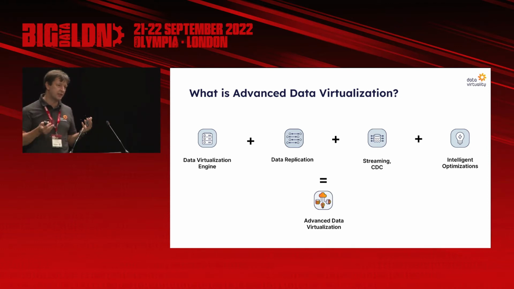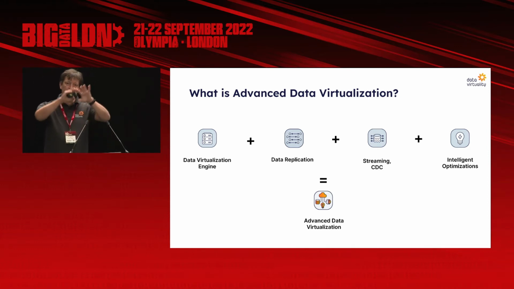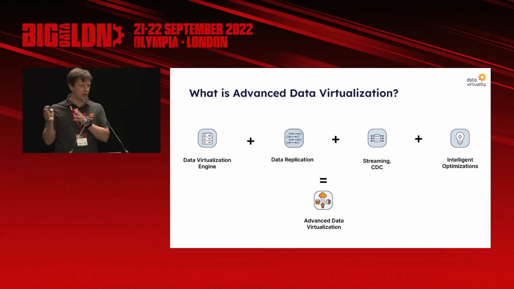So basically, advanced data virtualization means that you have one single SQL interface to your data, and you can query data live. You can move data from one part of your virtual database to another part behind the scenes. Just an example for technical people, you can do something like select star from Salesforce account into Snowflake account, and it will just work.